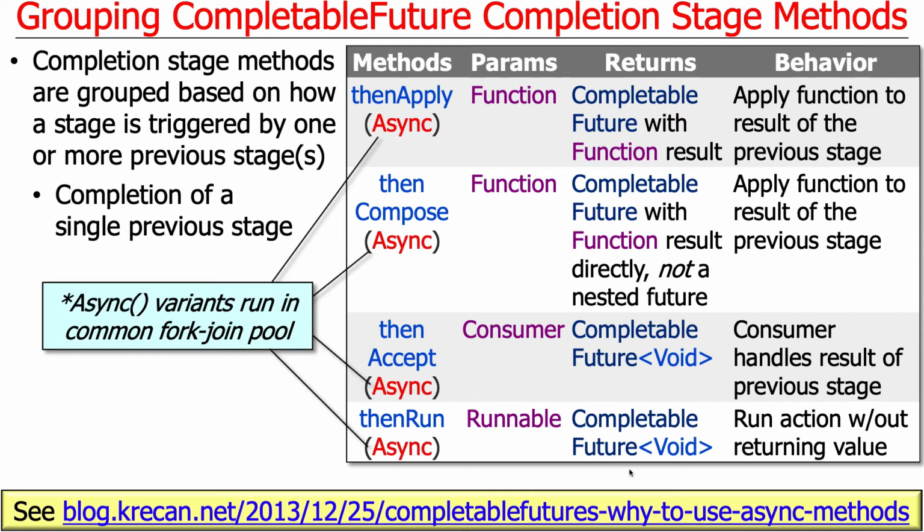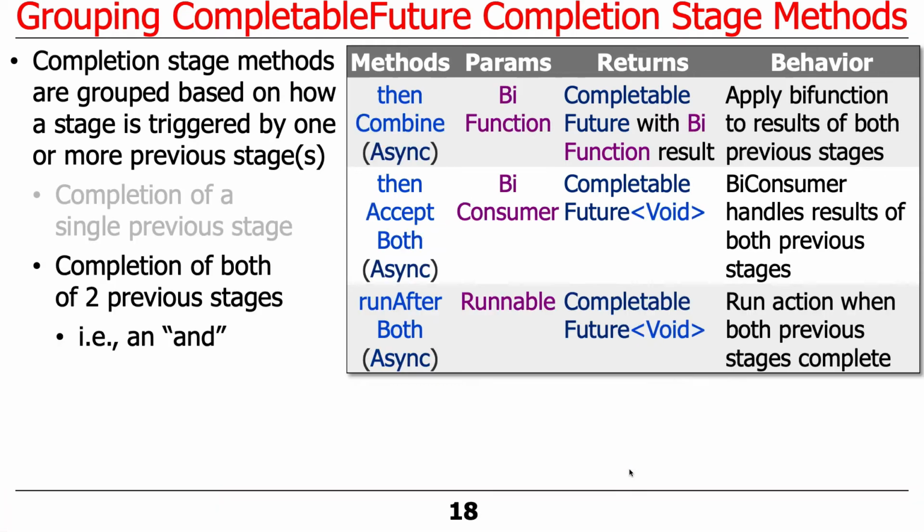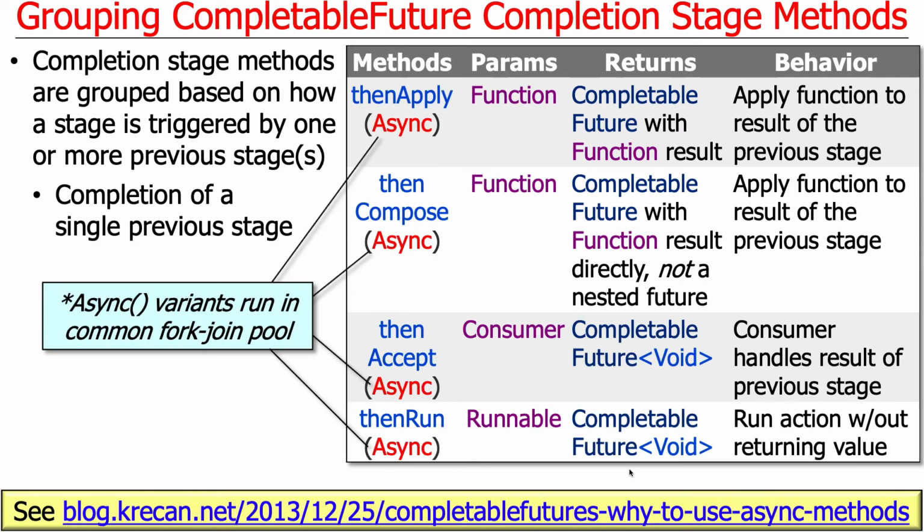The async methods run in the common fork join pool, or they run in whatever pool was given as the pool for the initiation of all this stuff. We'll take a look in more detail at most of these methods in a second. But these are ones that only run after the completion of a single previous stage.